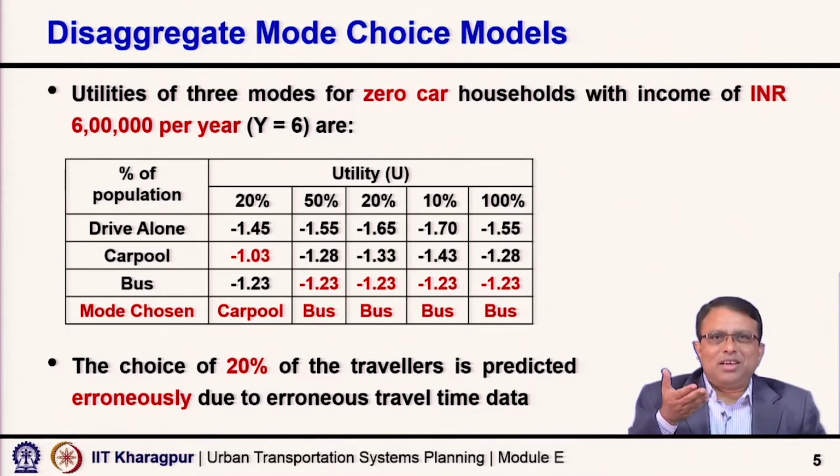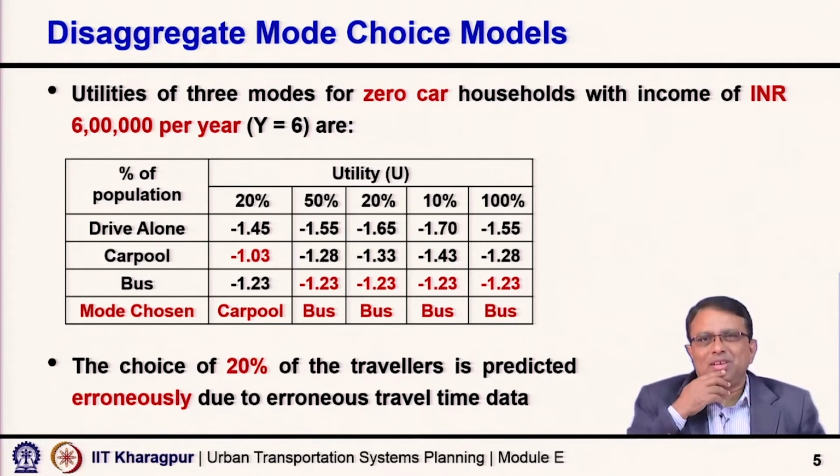You will clearly say for the first 20% group the choice is going to be carpool, because of the actual travel time by drive alone, carpool and bus. For all the 3 other segments, the choice is going to be bus.